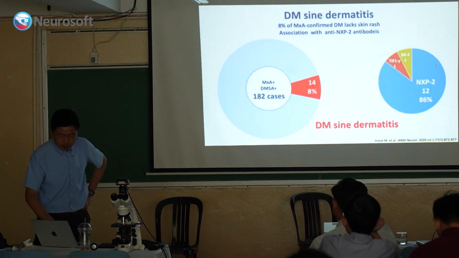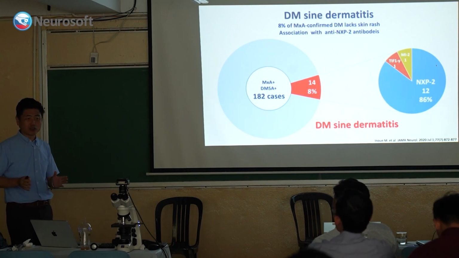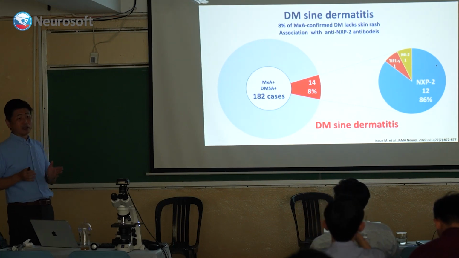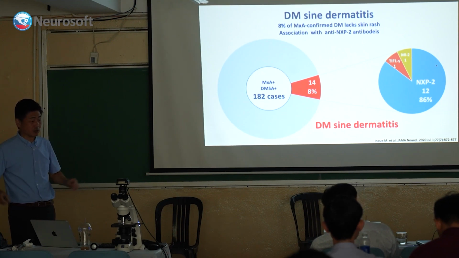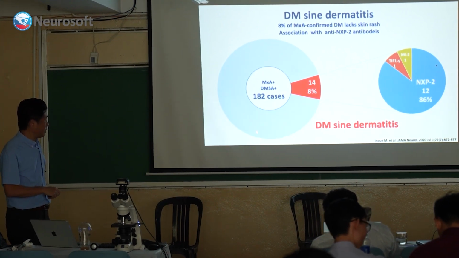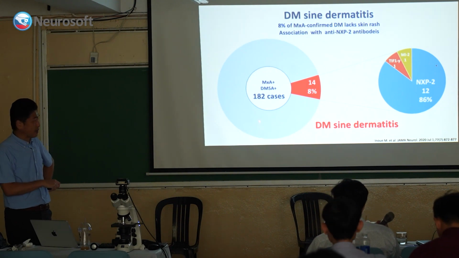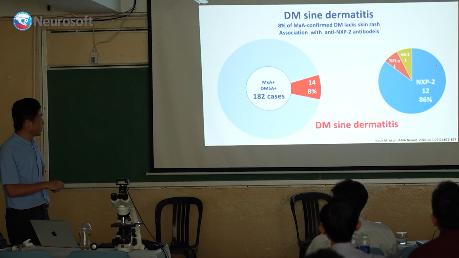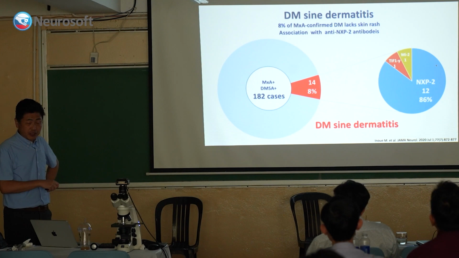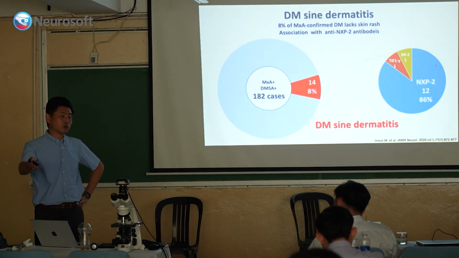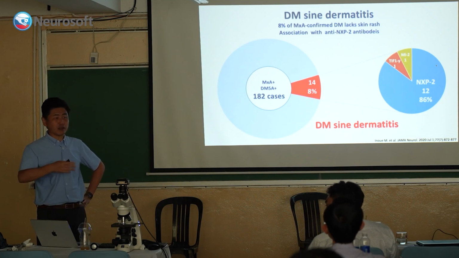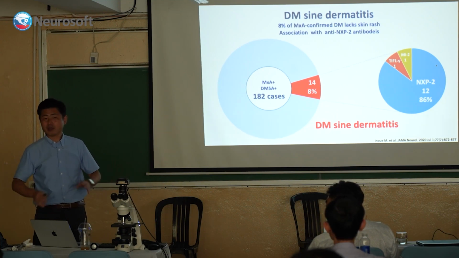But actually, we can make a diagnosis purely based on muscle pathology without any clinical skin information. In fact, at one moment, we had 180-something cases, because this was years ago. Interestingly, 8% of the cases don't have any skin rash. We sent a questionnaire to the physicians and asked them to follow up a certain period of time.